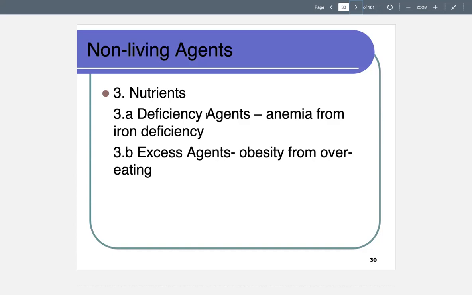For example, anemia from iron deficiency. The most common type of anemia is the iron deficiency. Kulang ng iron yung katawan.